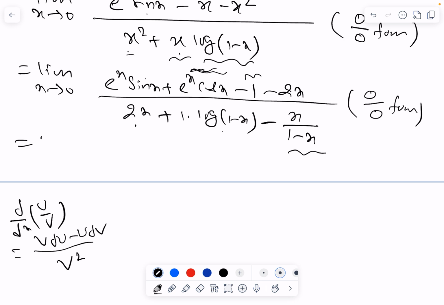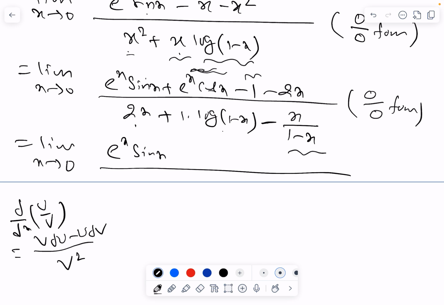So this is limit x tends to 0, e power x sin x. Let us take the derivative: derivative of e power x is e power x sin x as it is. Derivative of sin x is cosine x, e power x as it is.